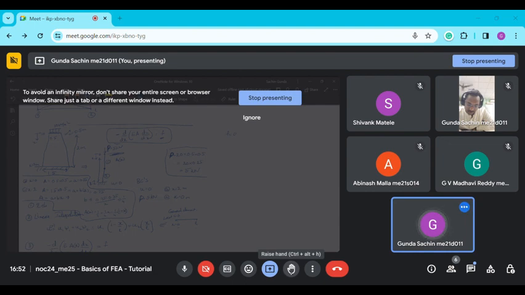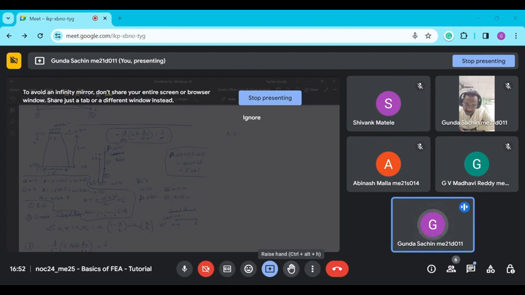So our initial problem is a vertical bar with varying cross-sectional area. On the top we have a distributed load of 20 kilonewton, and we know the bar's governing differential equation.